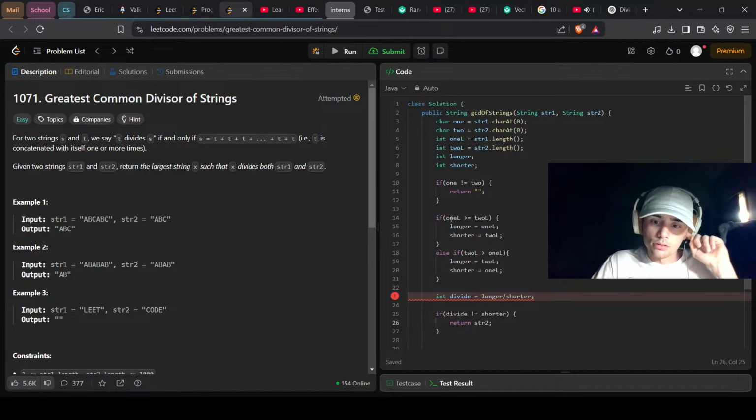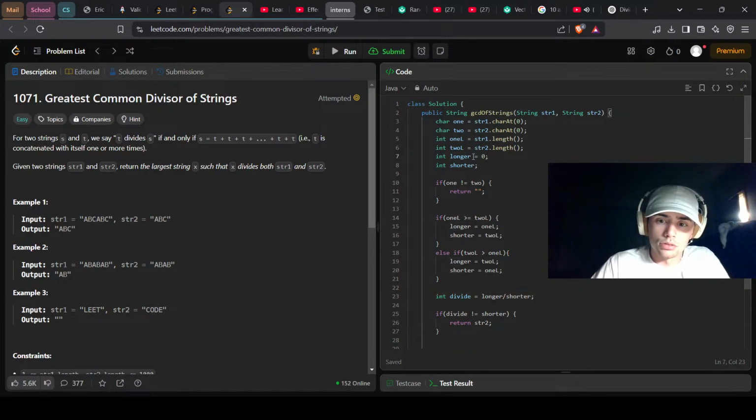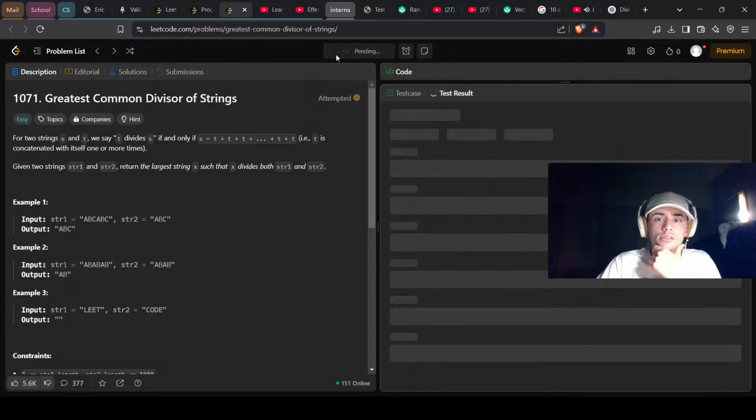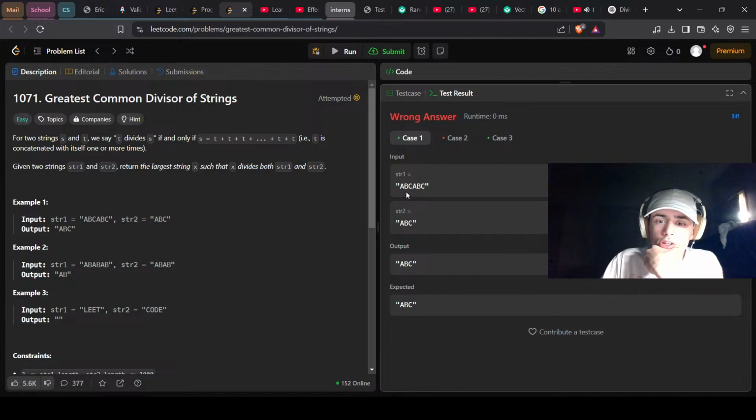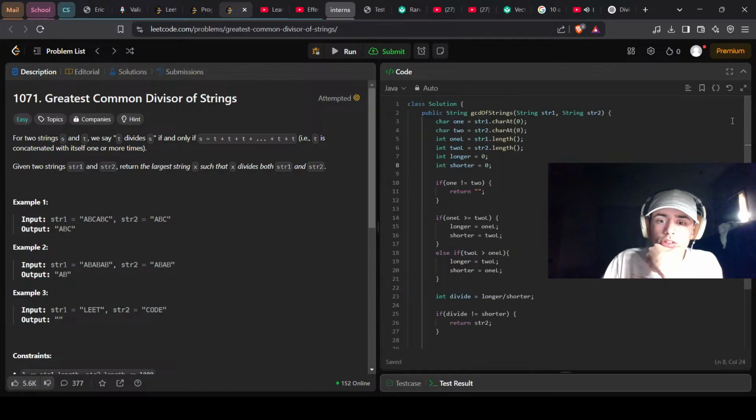This is not going through this and keeping it. Equals 0. I'll have to initialize these. I knew it. Alright, now we just gotta fix the next case.